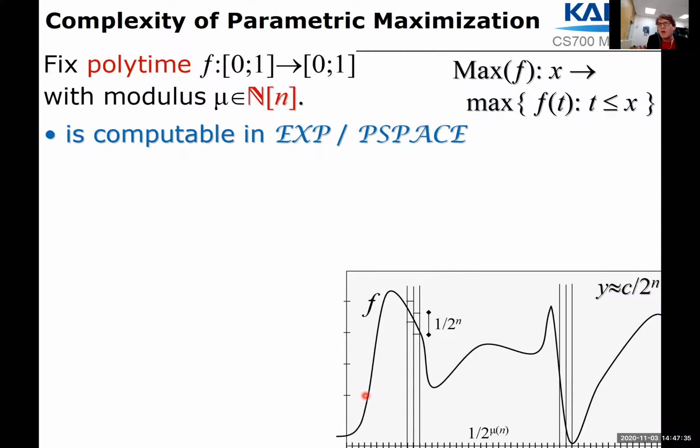The emphasis here is now that we want a rigorous algorithm, therefore we specify precisely how fine the grid width has to be, and that's exactly what the modulus of continuity captures, namely the grid width. The step size of the x-axis must be 2 to the minus mu of n.